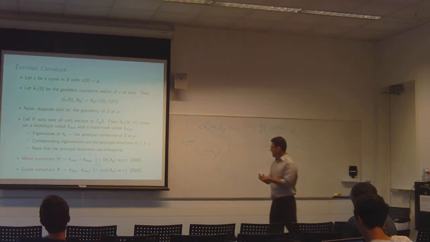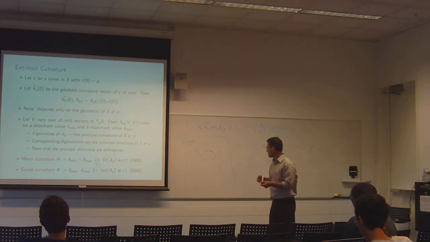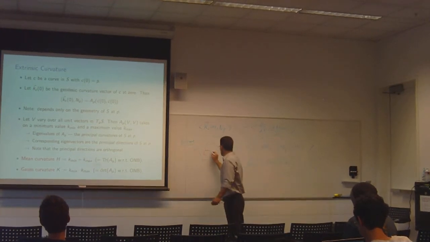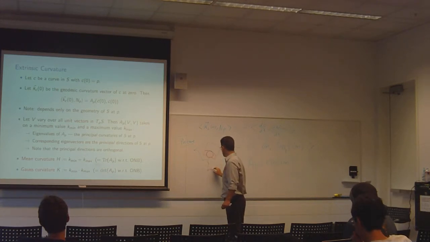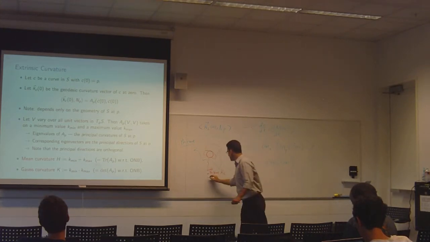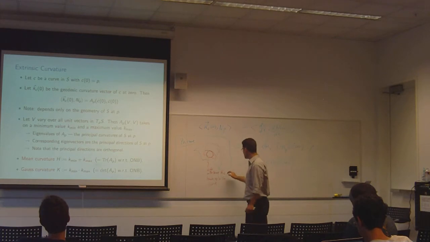Okay, what I want to say is that you can take a circle with the same curvature and touch up to the curve. In fact, same curvature and also same c double dot.